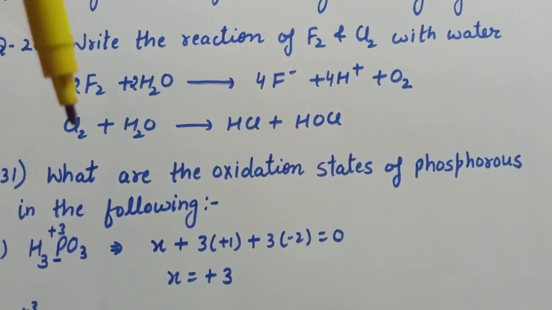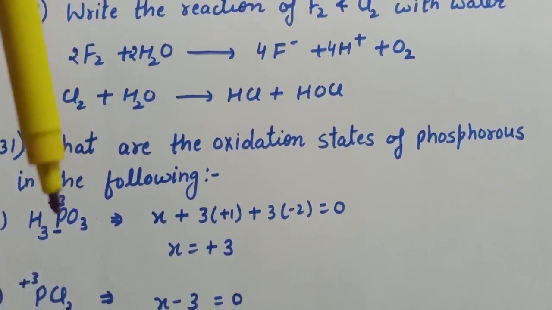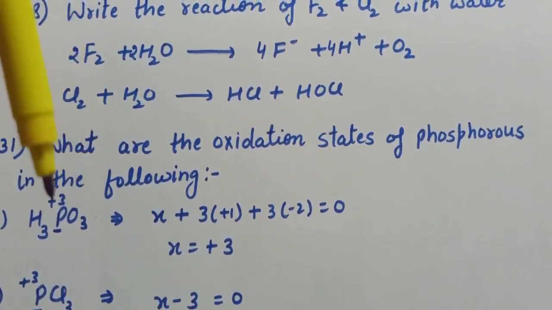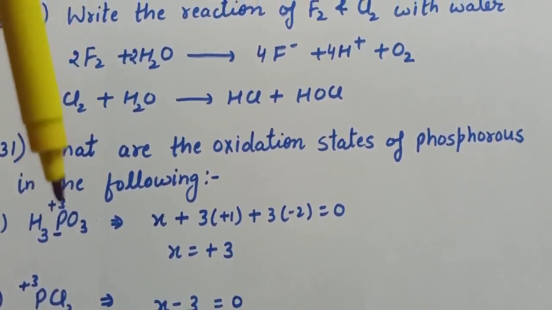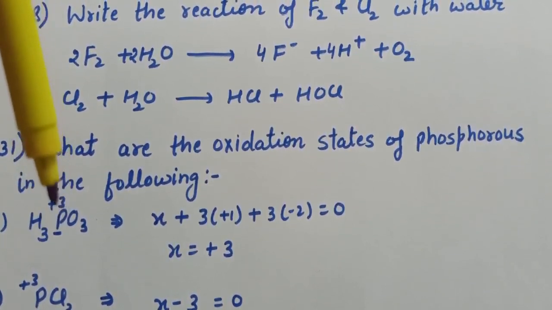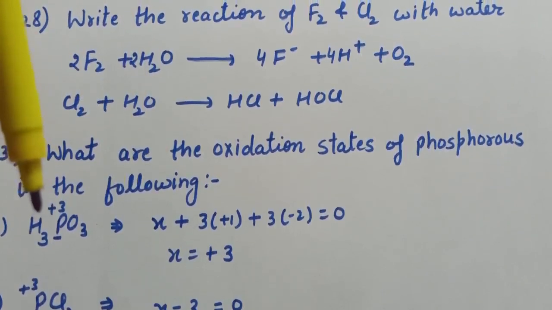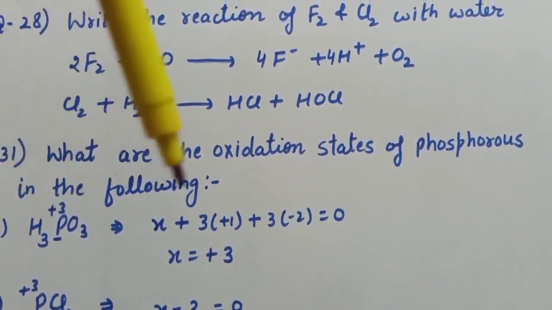Now next question is, what are the oxidation states of phosphorus in the following? First is H3PO3. Here we want to calculate the oxidation number of phosphorus, so it is assumed to be X. Now here we have 3 hydrogen atoms and the common oxidation state of hydrogen is +1.